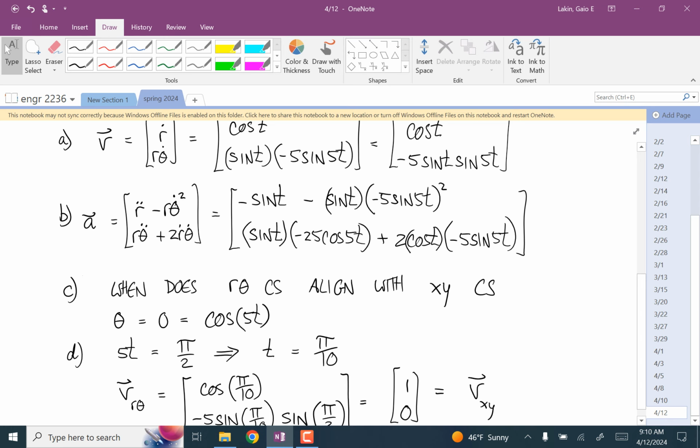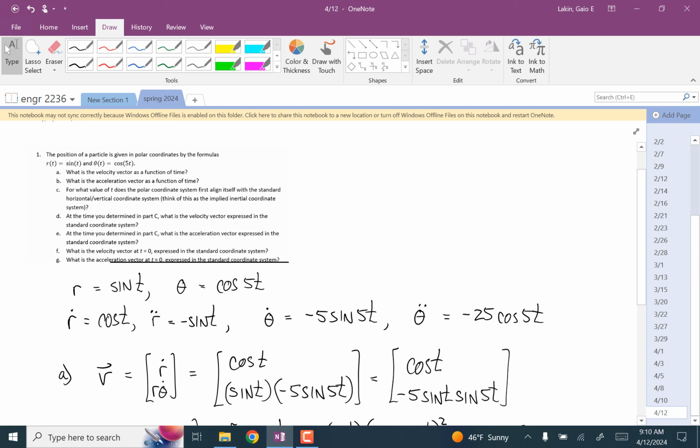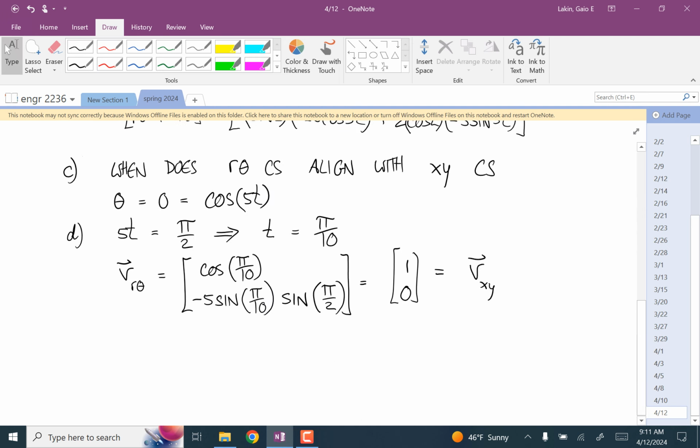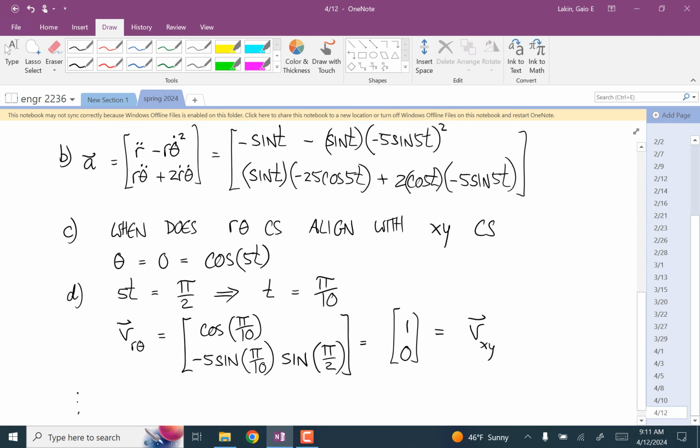In this case, since those two are aligned, you don't have to do any conversions. But then the last thing is it's asking for what's going on at t equals 0. Okay, so I'm going to just do the velocity again. So E, that's just the acceleration. But F, we want to calculate the velocity at time equals 0.